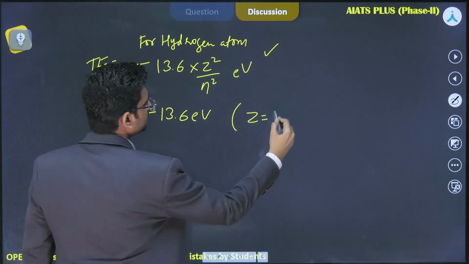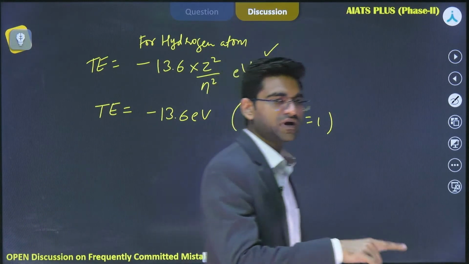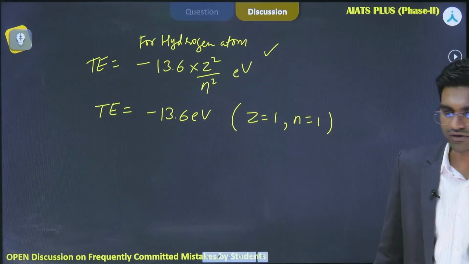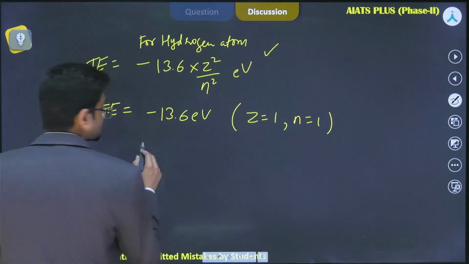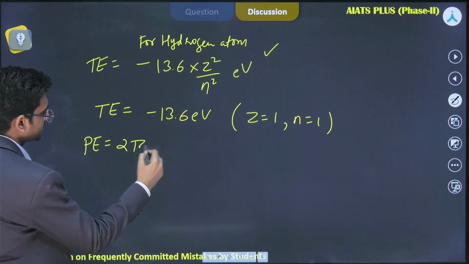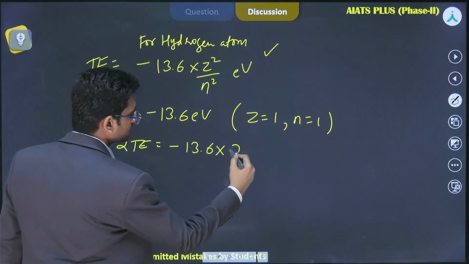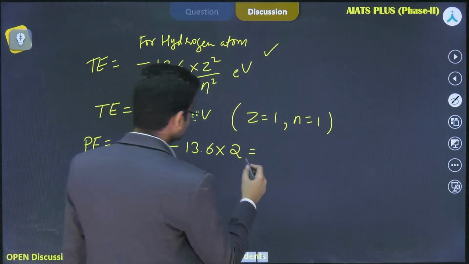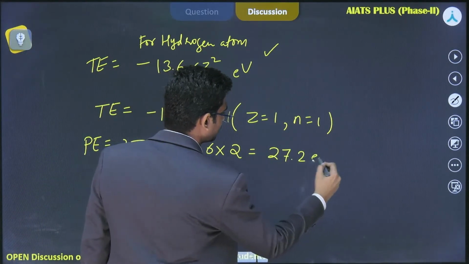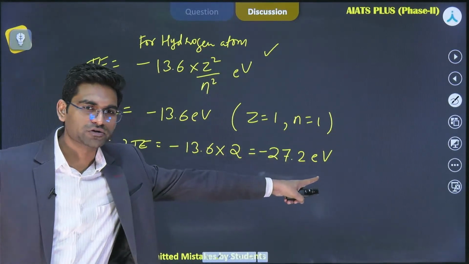It means for the first orbit of hydrogen atom, the total energy is minus 13.6 electron volt. Now, what happens with potential energy? Potential energy is twice of total energy, so this is minus 13.6 into 2, which is 27.2 electron volt with negative sign. So potential energy is minus 27.2 electron volt.